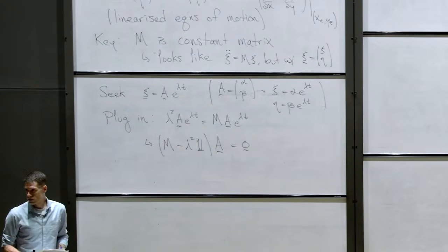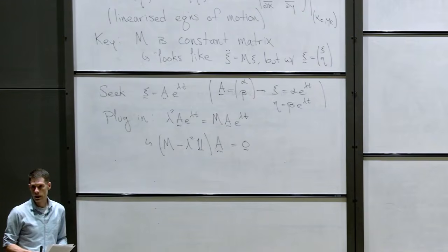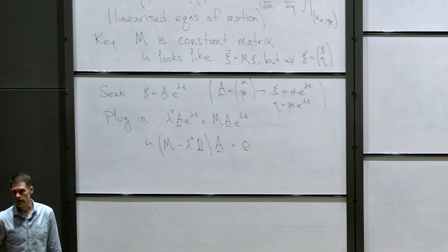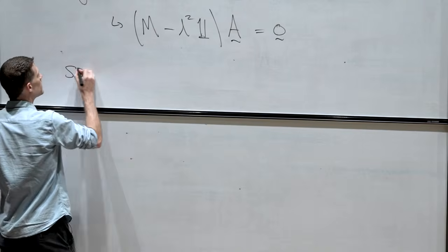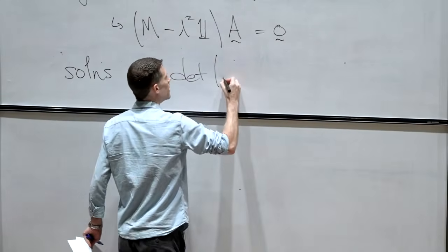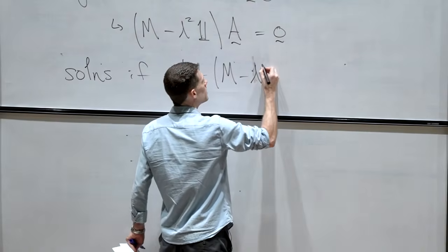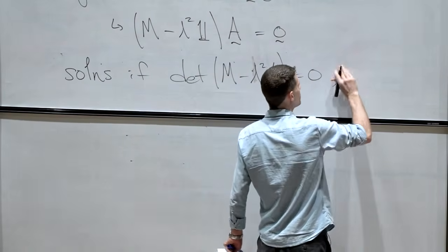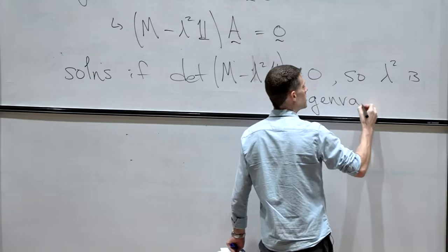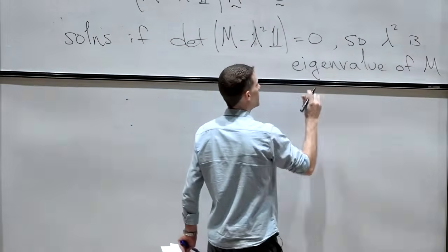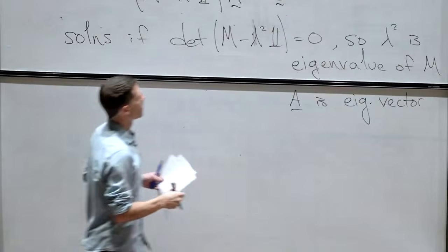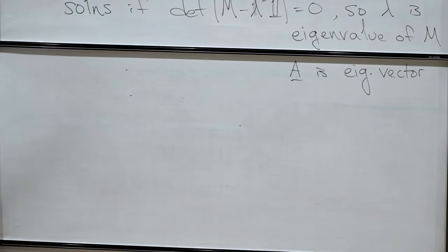So that has solutions if the determinant of m minus lambda squared I is 0, which means that lambda squared needs to be an eigenvalue of the matrix M, and A is the eigenvector of M.